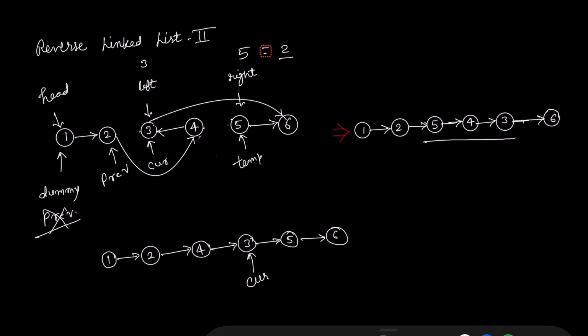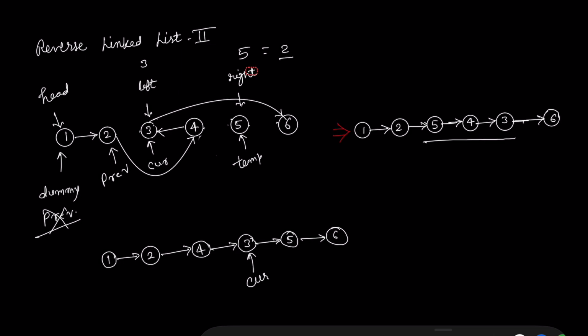Now this 6, which one will it point to? Okay, we have to change, we don't have to change this one now. 6 we don't have to take, we will have to change this 5 temp.